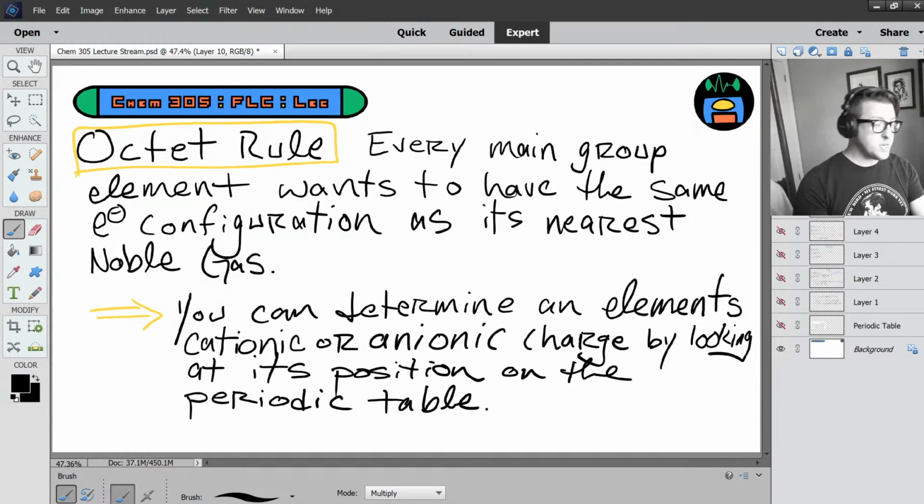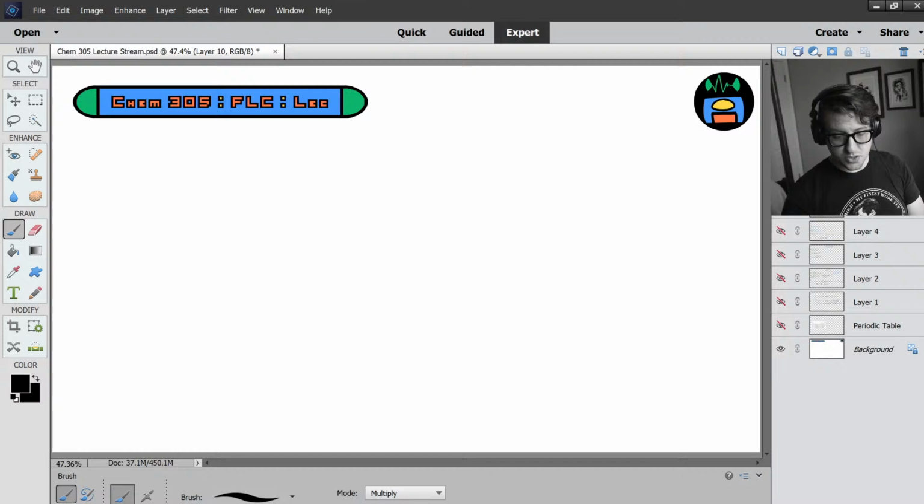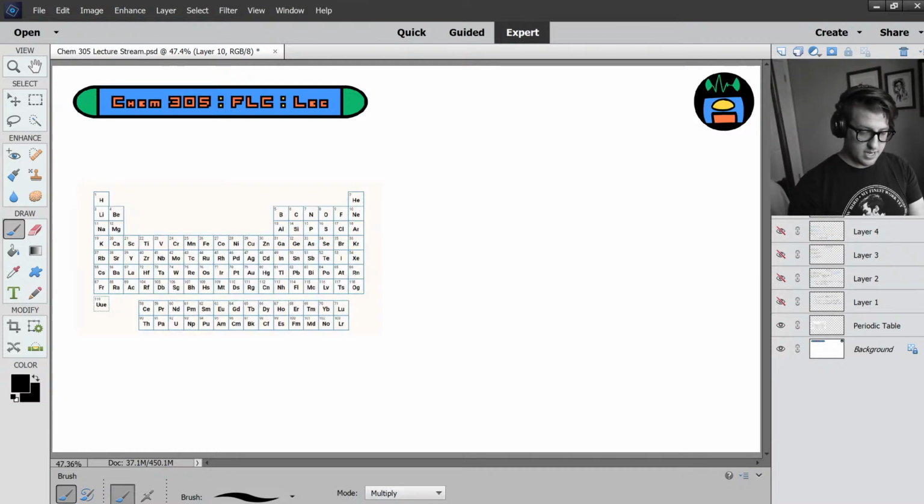All right, you can determine an element's anionic or cationic charge by looking at its position on the periodic table. Let's do a few examples so you can see what I mean.